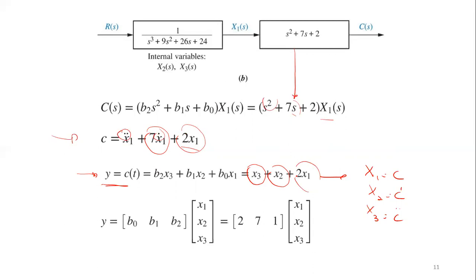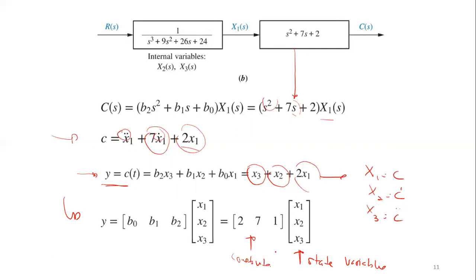Then we are ready to put it into a state space equation, which is y equals to this, our state variables, and these are the constants.